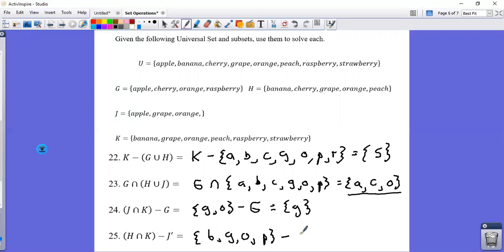Not cherry. And then I'm subtracting the complement of J. J complement is the five that aren't here: the banana, the cherry, the peach, raspberry, strawberry. So the banana would be gone, the grape would still be there, the orange would still be there, and the peach would be gone. So it'd just be grape, orange.